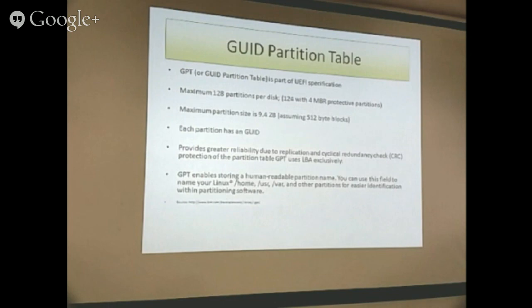All the partitions have a GUID, and it also has redundancy built into the whole process. It mirrors it, kind of like the old MBR had a backup record. So if you had access to it, you can actually replace the MBR from the tail end of the disk and then boot back up.